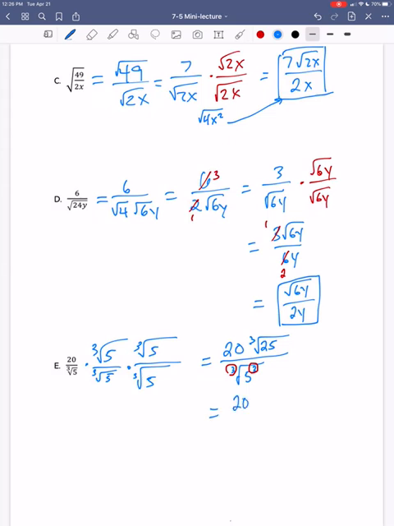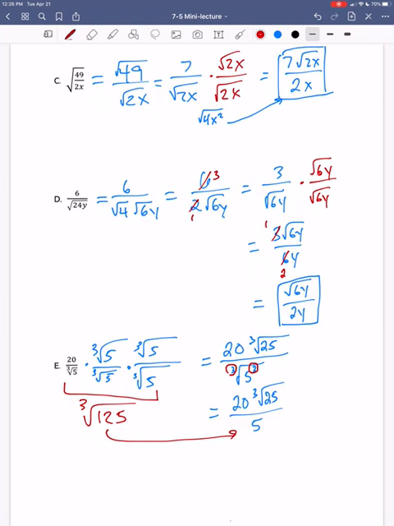So I'd get 20 times the cube root of 25 all over 5. Another way you could look at that, if you did this here, 5 times 5 times 5 is 125, and the cube root of 125 is 5. That's another way you could think about that calculation going.